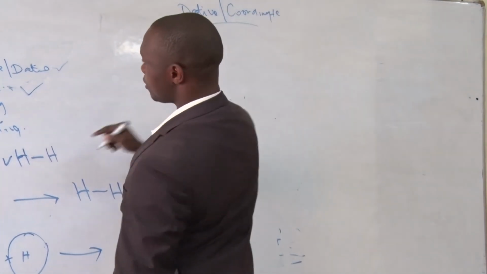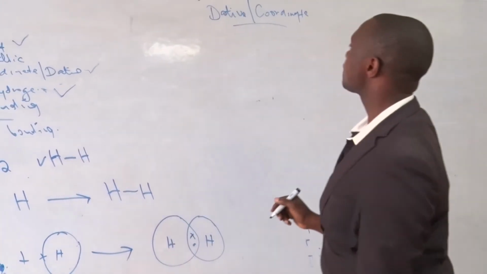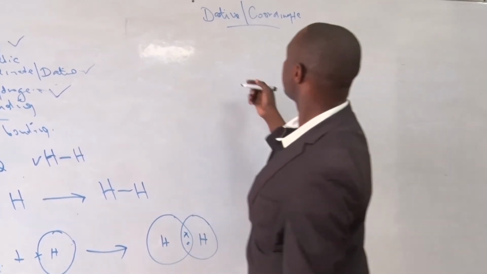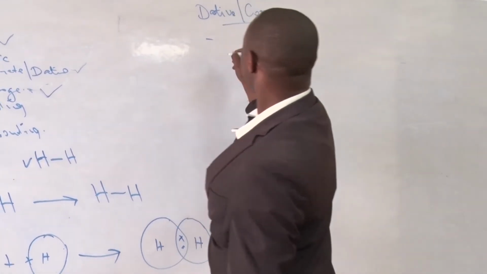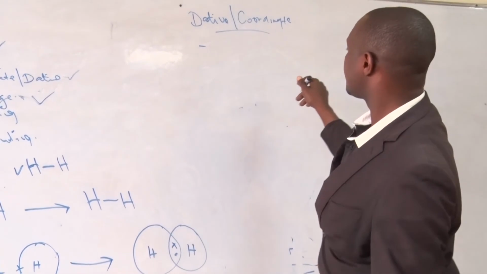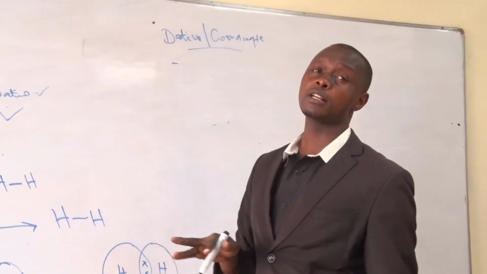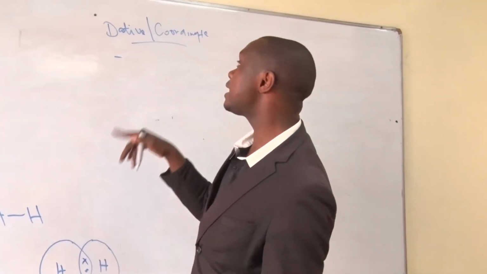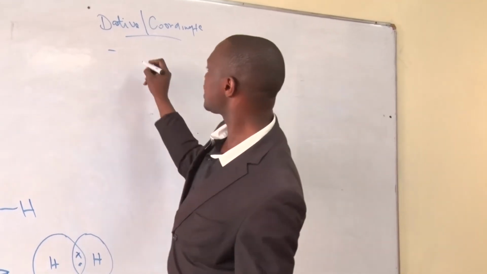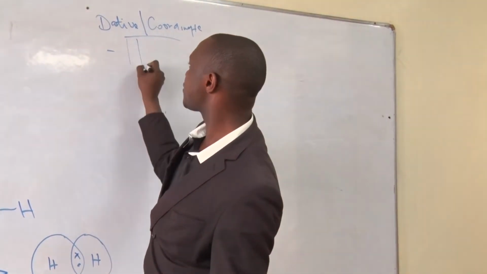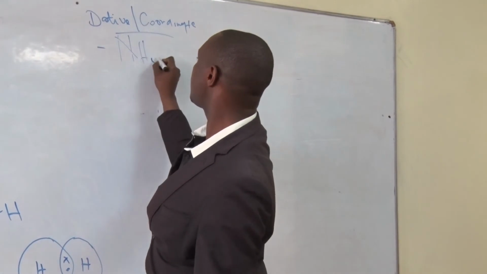Again, this is an example of a covalent bond still. Now, in coordinate bonding, the shared species of electron come from one element or one atom, and a good example is the formation of the ammonium ion.